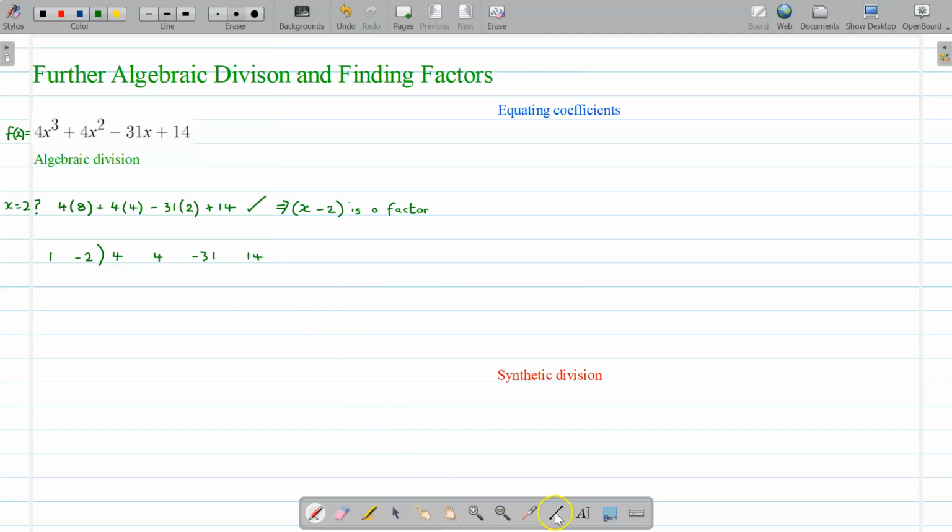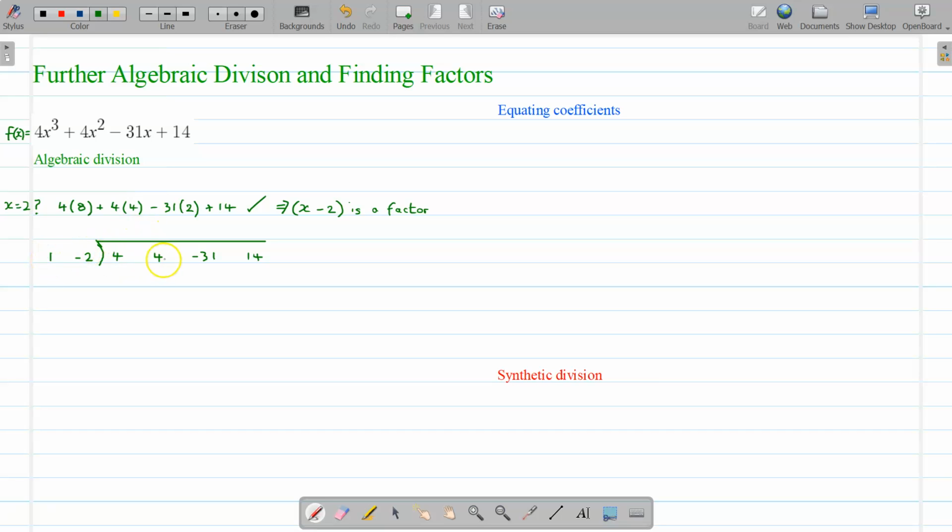Now, you can put all the algebra in there, and in a previous video I've shown you how to do that, but you can take out the x and all the powers of x and just leave the coefficients in like that. And I'm saying here 1, negative 2 into 4, 4, 4.